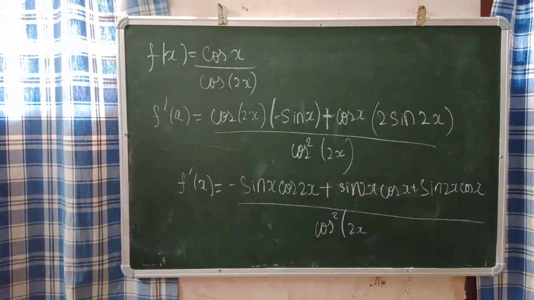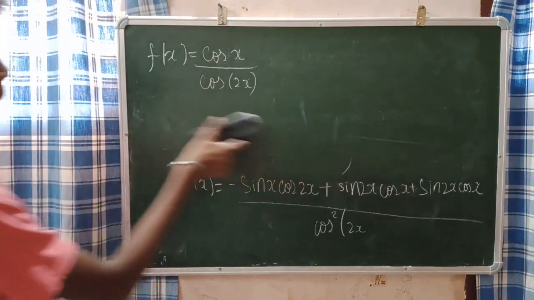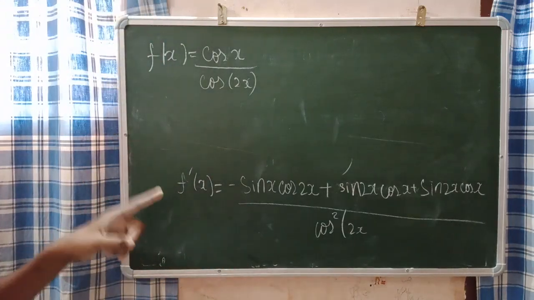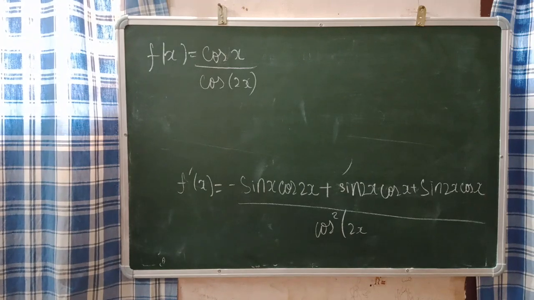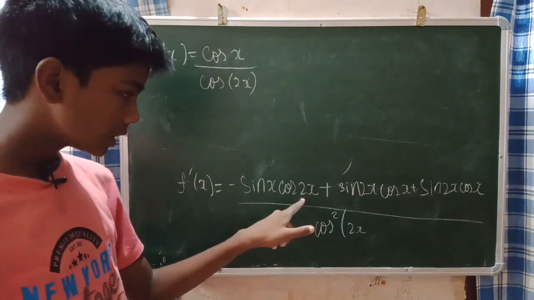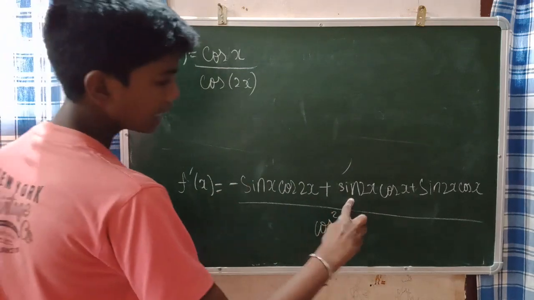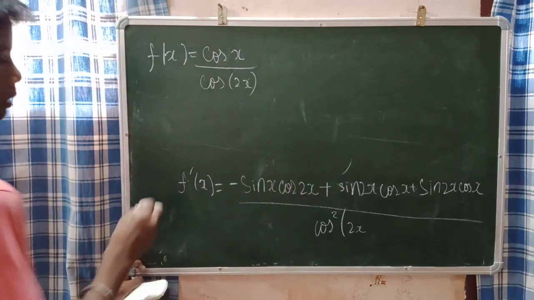What's the reason for writing it like this? Listen carefully, guys. What is this form? Minus of sin x cos 2x plus sin 2x cos x is nothing but sin a cos b minus cos a sin b, because I am having the minus sign here. Don't forget that. Sin a cos b minus cos a sin b is sin of a minus b.